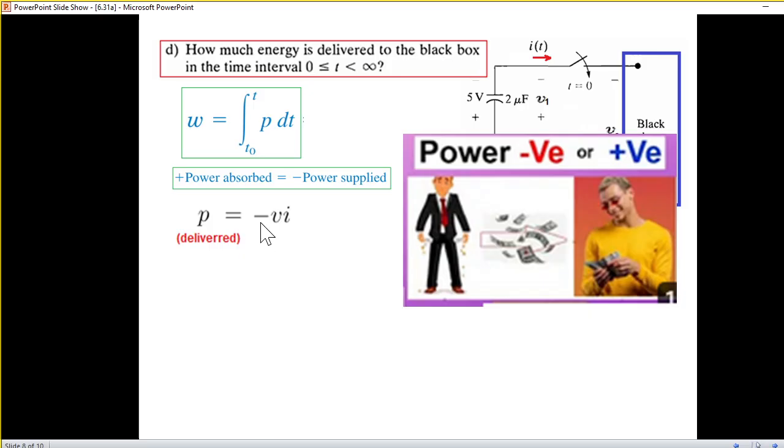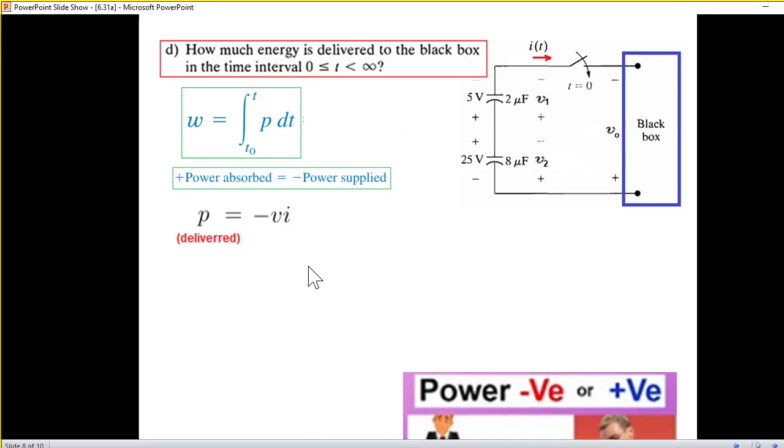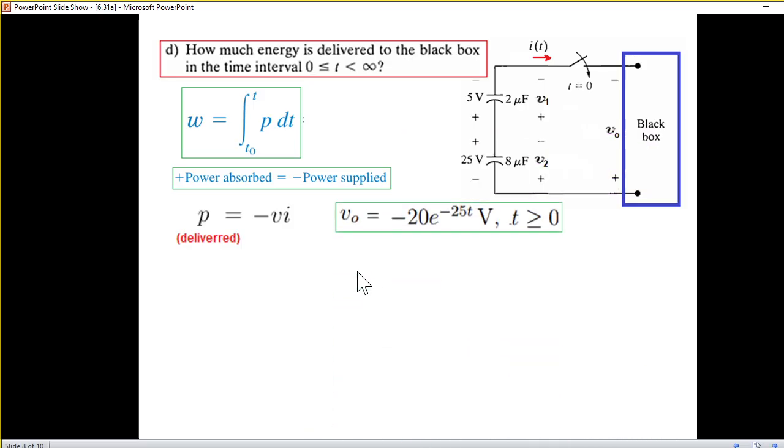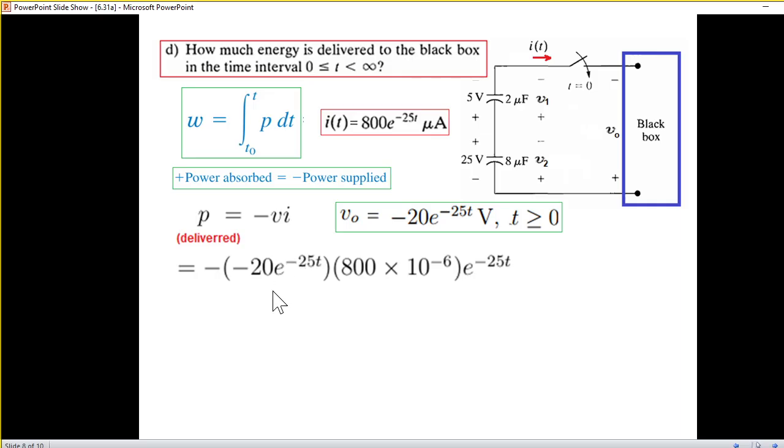So power delivered will be negative voltage into current. And this was the total voltage that we had found. And the current, already we know this was the current. So plugging in the two and solving, we get this value.